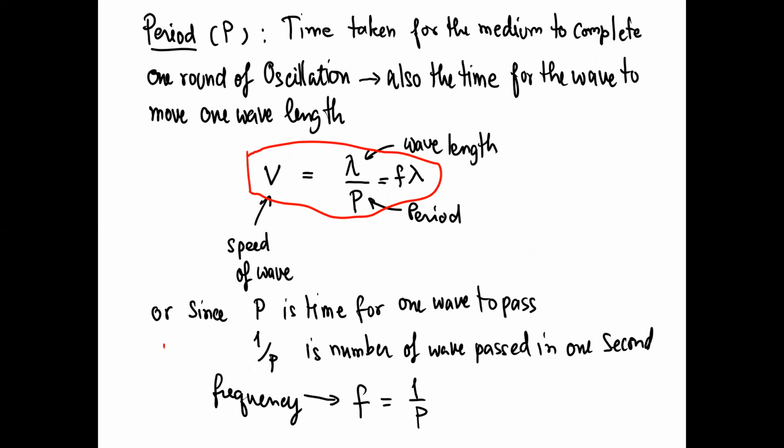So to travel by a wavelength, it takes the time of the period. So we can define the speed of the wave to be the wavelength divided by the period. And because the period is one over the frequency, the inverse of the period is the frequency, or the number of waves traveling in 1 second. So we have the speed of the wave equal to lambda over T, or f lambda.